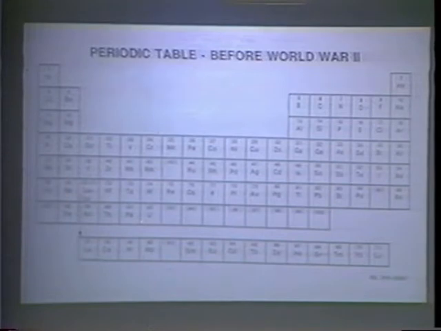The periodic table at that time had the elements thorium, protactinium, and uranium up in the body of the periodic table. And so it was natural to predict that the elements beyond uranium, the transuranium elements, the elements with the atomic numbers 93, 94, 95, and so forth, would fall in the periodic table in this way.